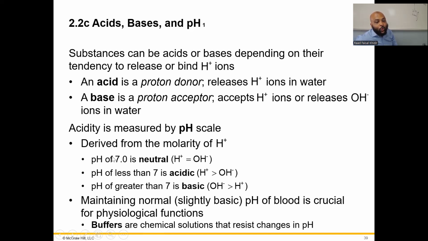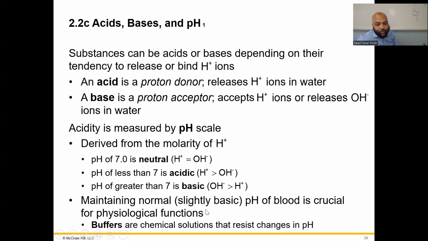More than OH. When you have the pH at 7, do you have more hydrogen proton or more hydroxyl ion? They are equal. Very good. And when the pH is greater than 7, or basic, that means the hydroxyl ions are more than the hydrogen proton, or the hydrogen proton is less than hydroxyl ions.